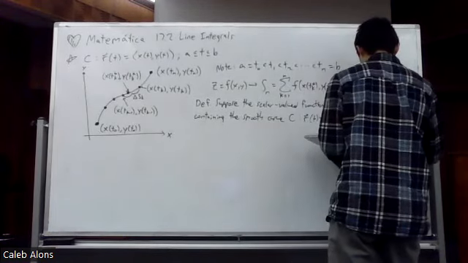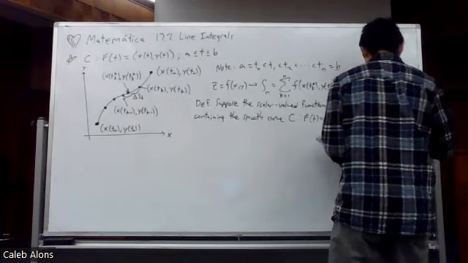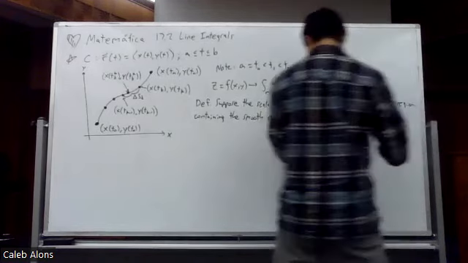Again, this is parameterized, so always indicate your parameterization bounds a to b.